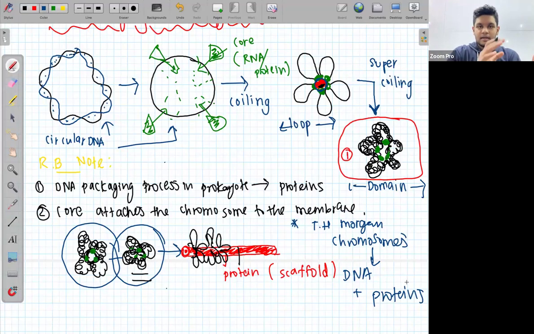That process is called coiling. Those loops will undergo supercoiling to form loop domains where they'll be a bit more supercoiled. Now those supercoiled DNA will be separated and packed one after the other with the help of the protein scaffold, and they will form a chromosome.